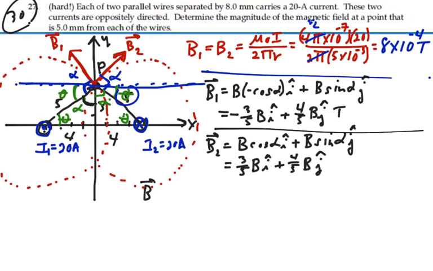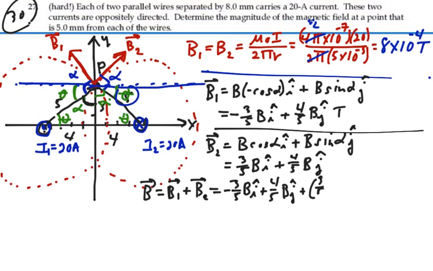In other words, our net field B is going to be the summation B1 plus B2, and that's going to be equal to negative 3/5 B i plus 4/5 B j plus 3/5 B i plus 4/5 B j.